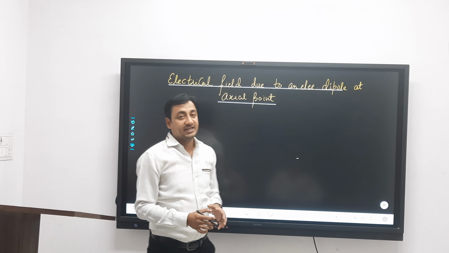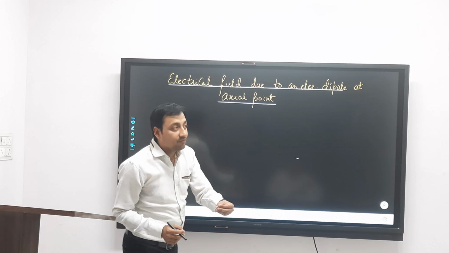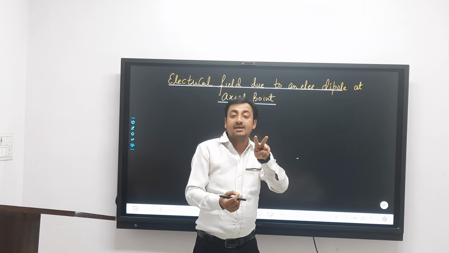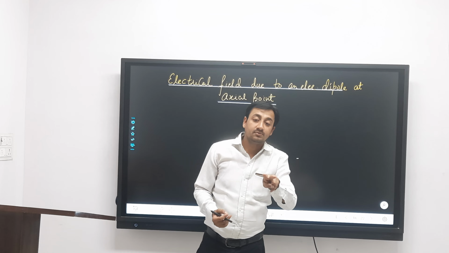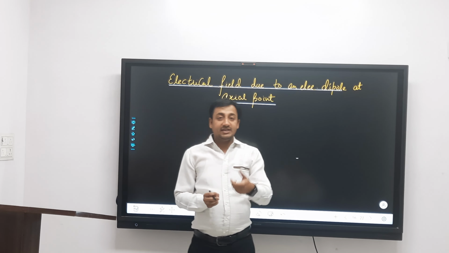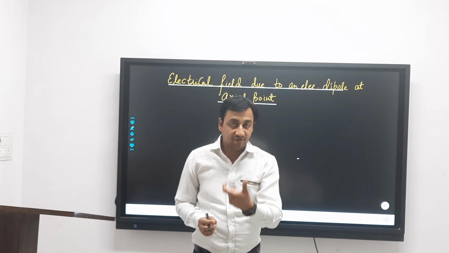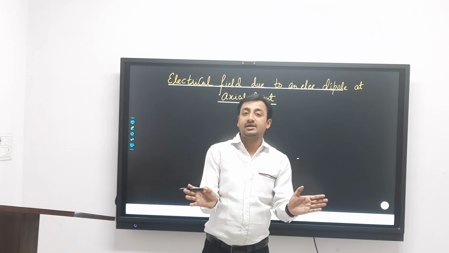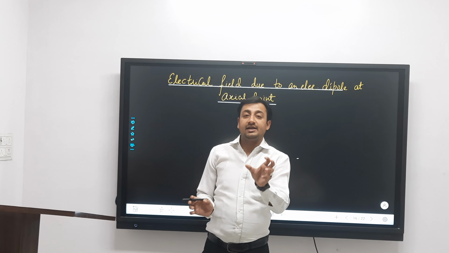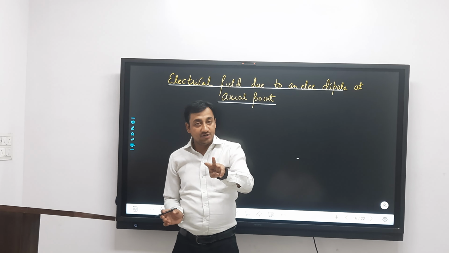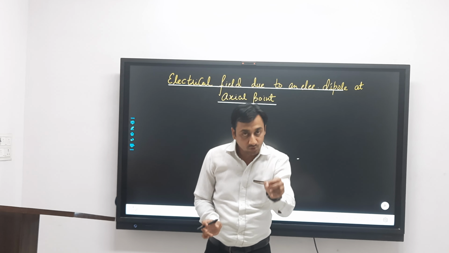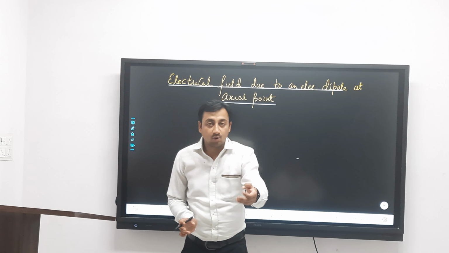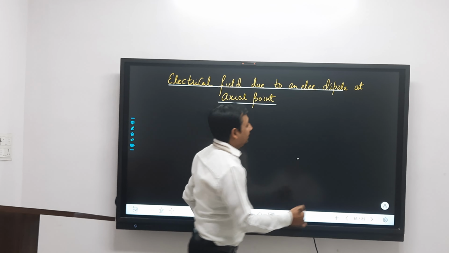So we'll begin with the first derivation, in which we calculate the electrical field due to the dipole. What is a dipole? Dipole means two charges of equal and opposite polarity placed at a small distance apart. It is defined as the product of the magnitude of one of the charges, q, and the small separation between them, 2a.